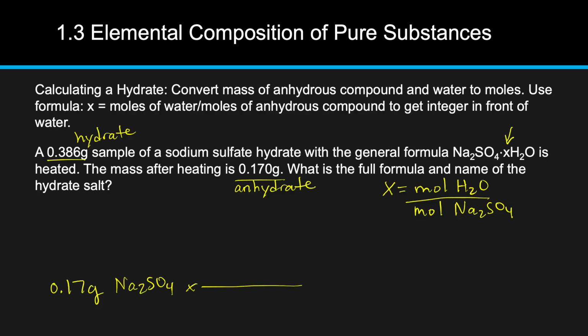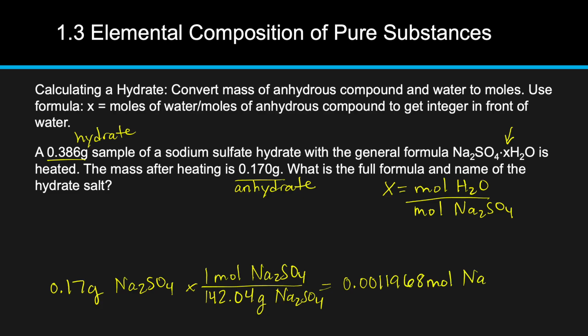So we can convert that to moles and get our denominator. Because we know that 1 mole is equal to the molar mass of that same thing, we divide 0.17 by the molar mass of sodium sulfate, and that will give us 0.0011968 moles of Na2SO4. So now we have the moles, which is going to go on the bottom of the equation in order to find X.